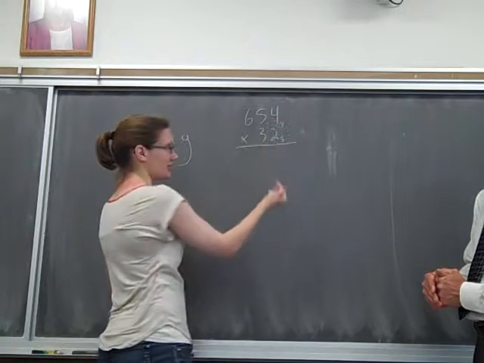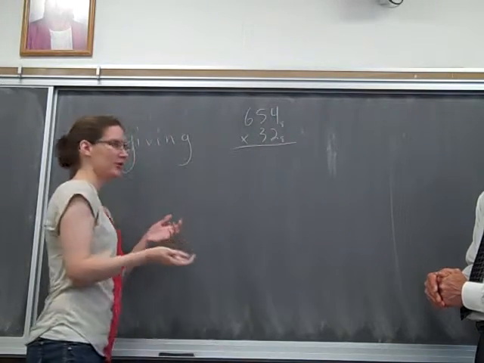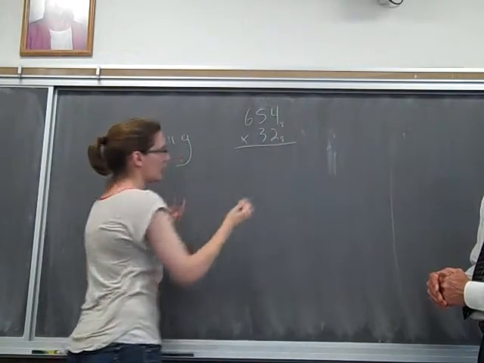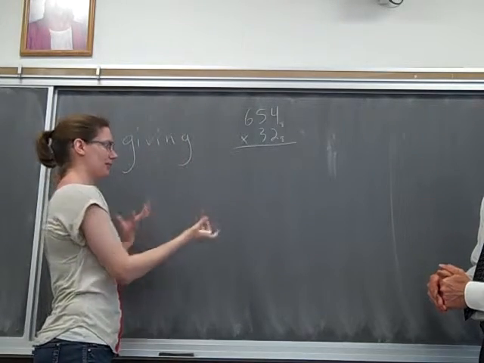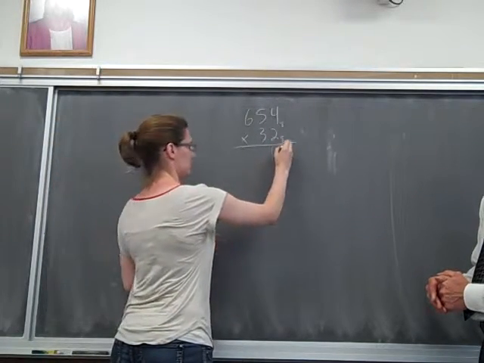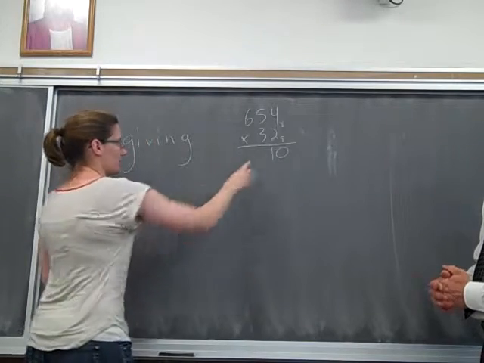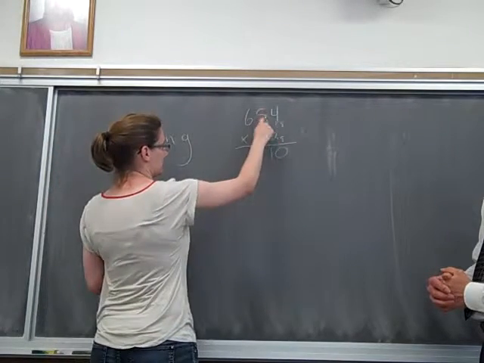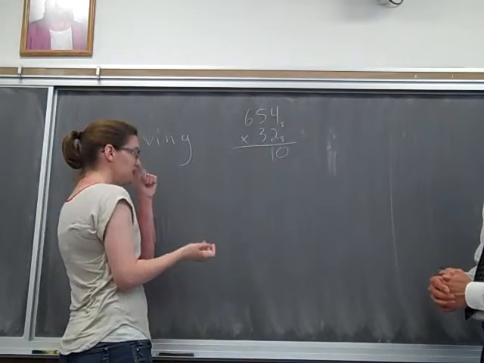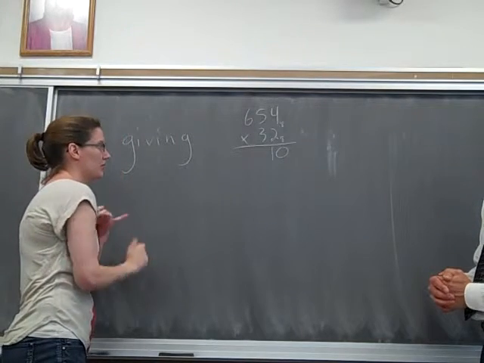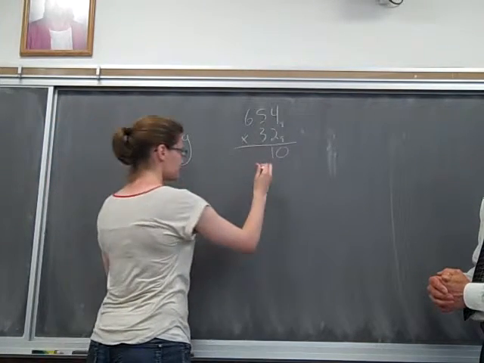So 2 times 4 is 8, and it's base 8. So we're gonna have to carry it over. So 8 written in base 8 would be 10, right? So there's the first one, and then 2 times 5 would be 10, and 10 written in base 8 would be 1, 2.